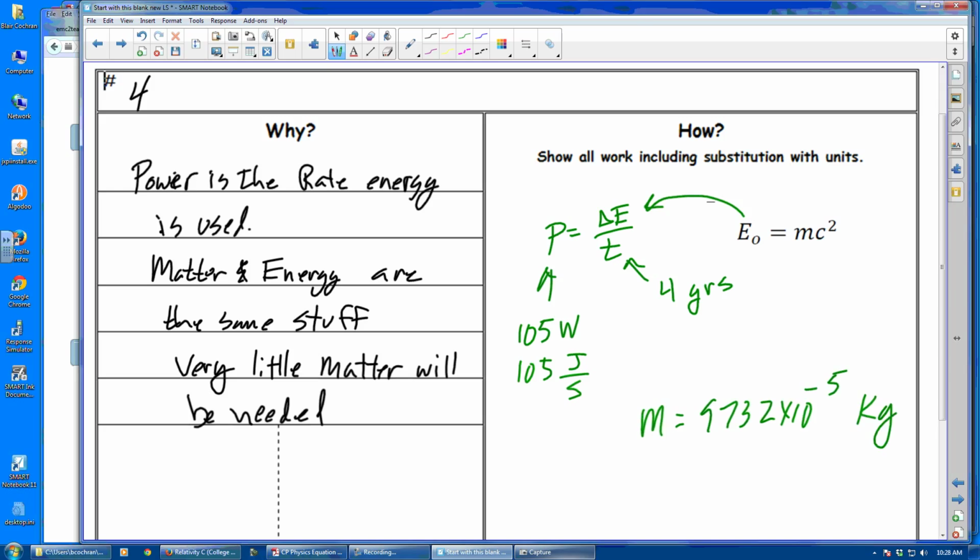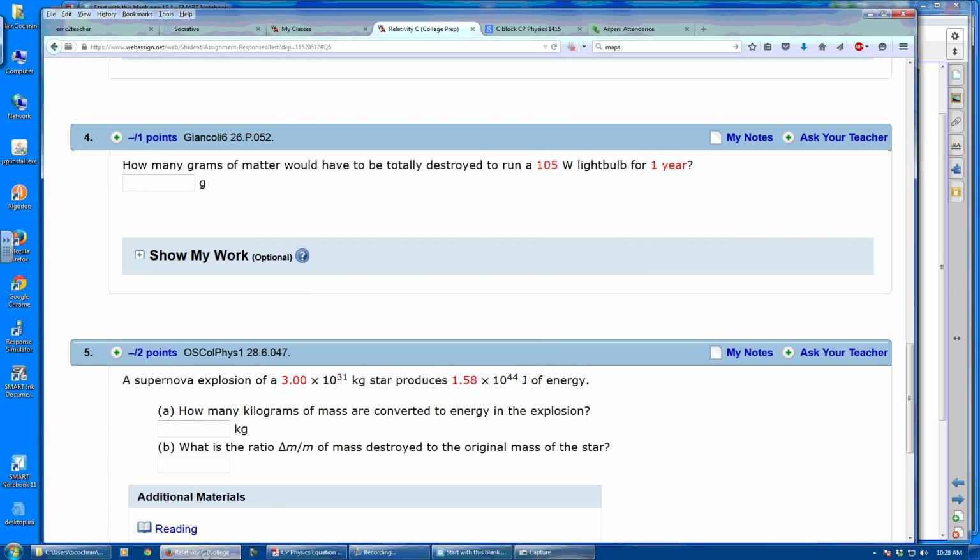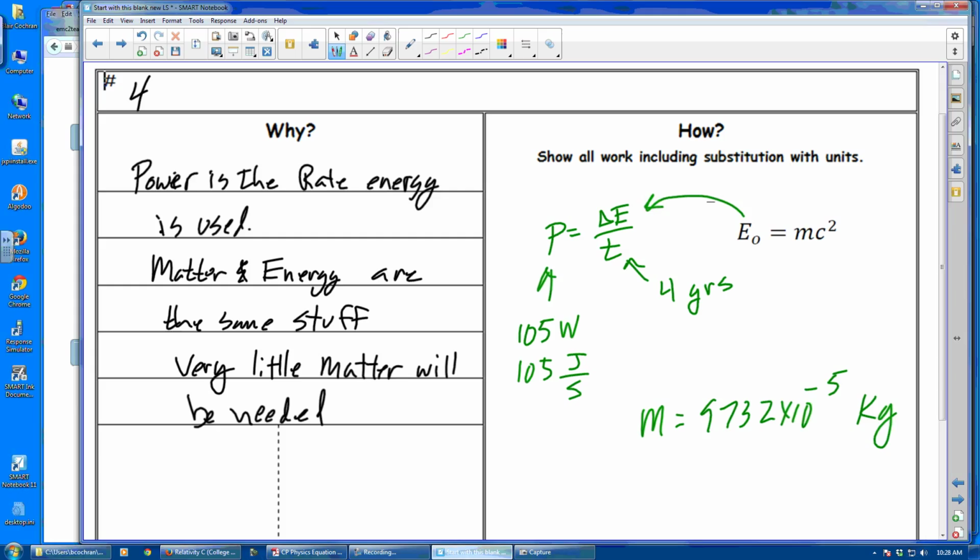I made up that number. But if you look here at the question, they ask for it in grams. So you have to make sure that you convert from kilograms to grams for your final answer. All right? You want it in grams, not kilograms.